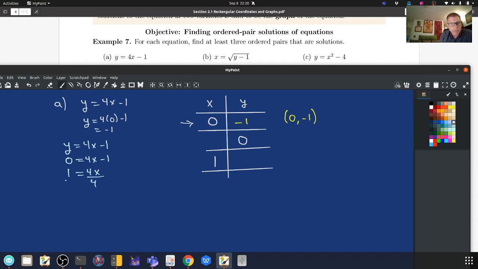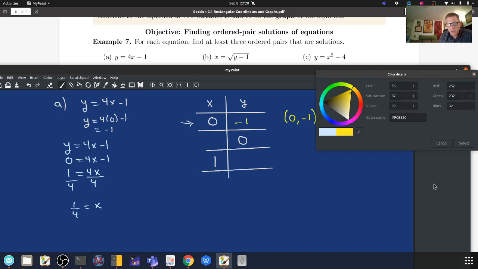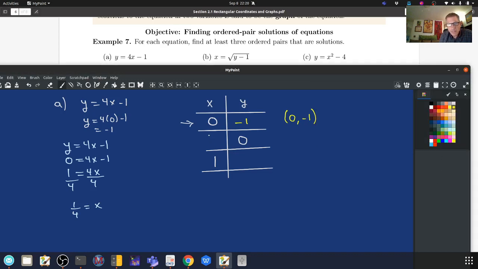Now I'm going to divide both sides by 4. So 1/4 is equal to x. So I assumed y was 0, and I derived that x was 1/4. That gives me another ordered pair solution, (1/4, 0).